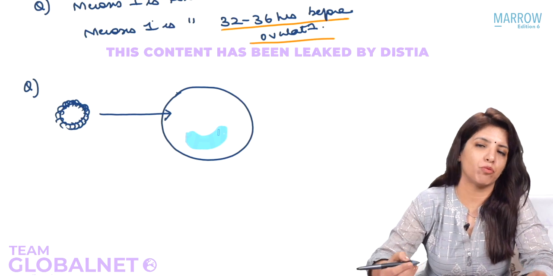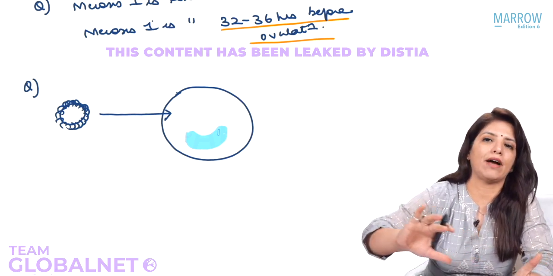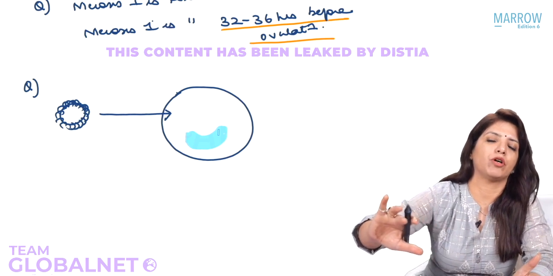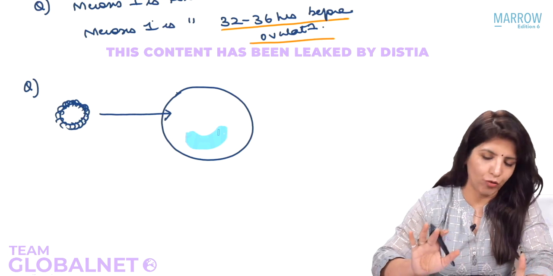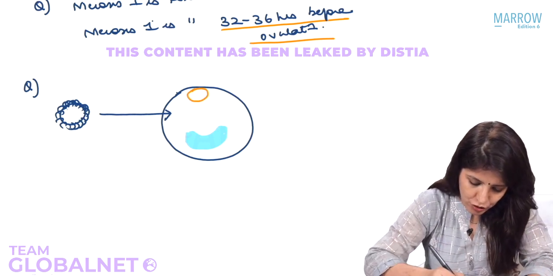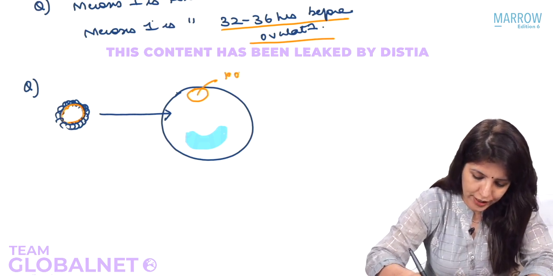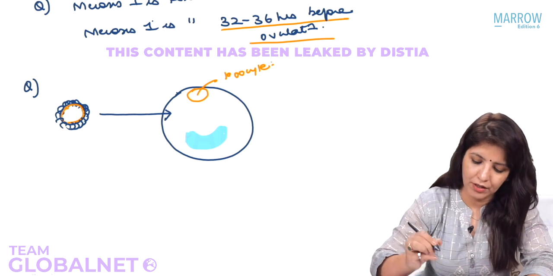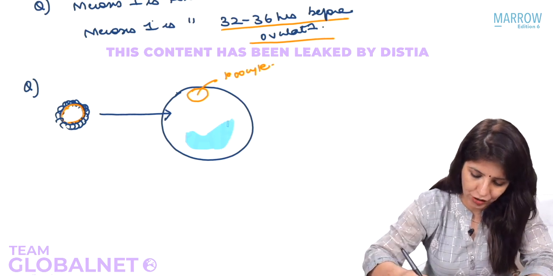Initially, the cavity will be small and the follicle will be called a preantral follicle, and then the cavity will become large and this will be called an antral follicle. So, I am directly drawing the antral follicle for you. Suppose this is our primary oocyte. This is the cavity which has appeared, and this is called the antral cavity.